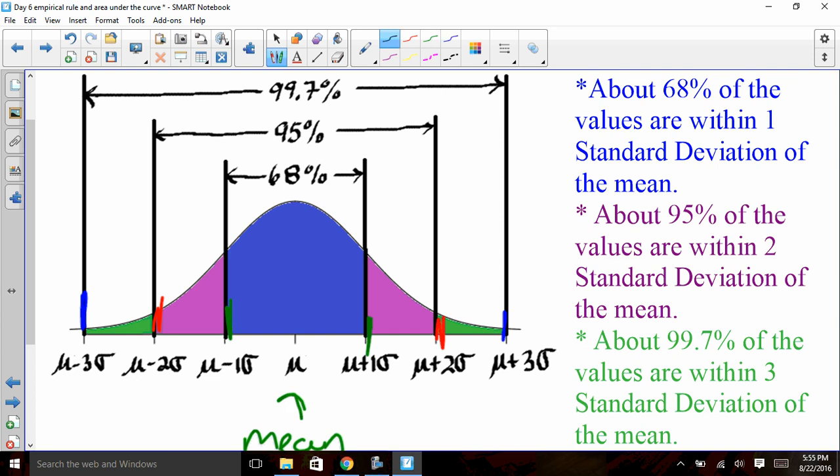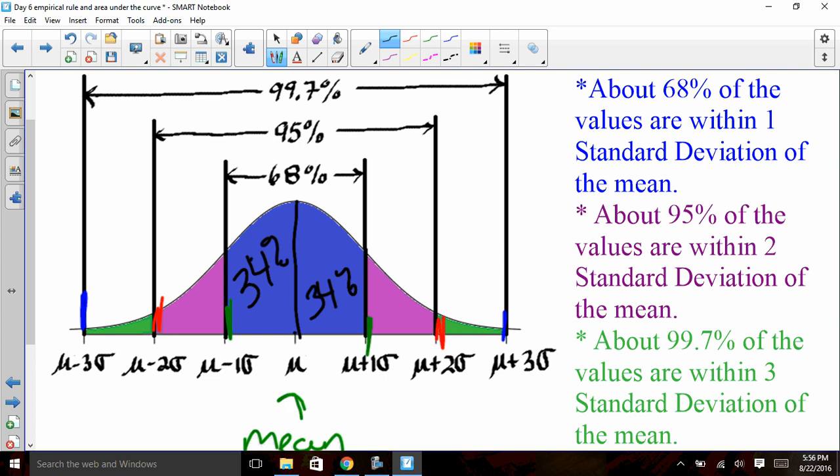So I want to break something up real quick because it'll help us in our next problem. If I draw that line, attempt to draw it straight, and I cut that in half, that's saying that I have 34% of data here, and 34% of data here.